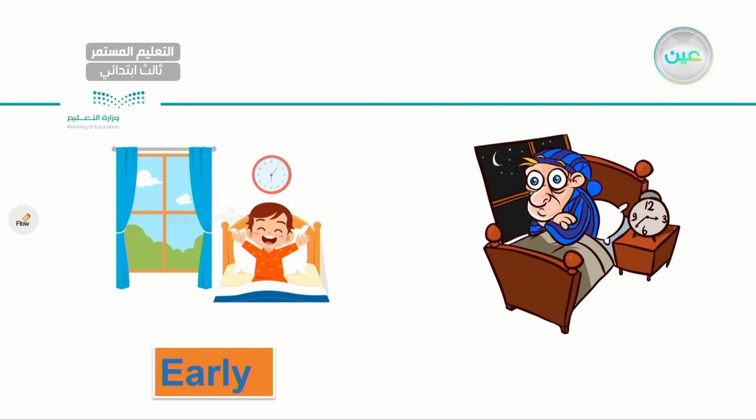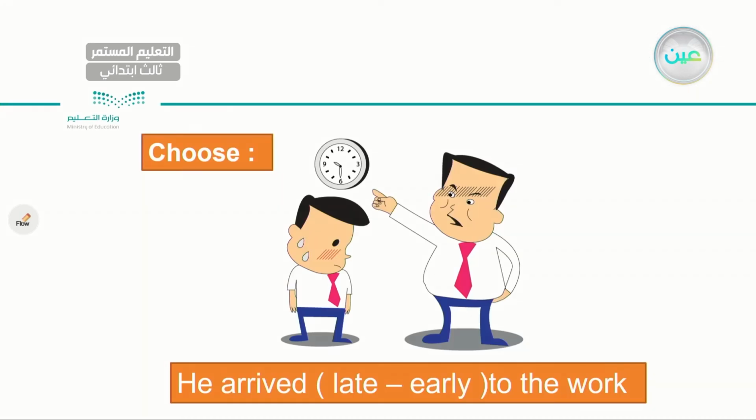But to your right, look at the man, look at his eyes, how wide his eyes are, and look at the time. So, most probably he is late. He is late. Very good. So, let's read together. Early, late. Early, late. Very good, my dear student.